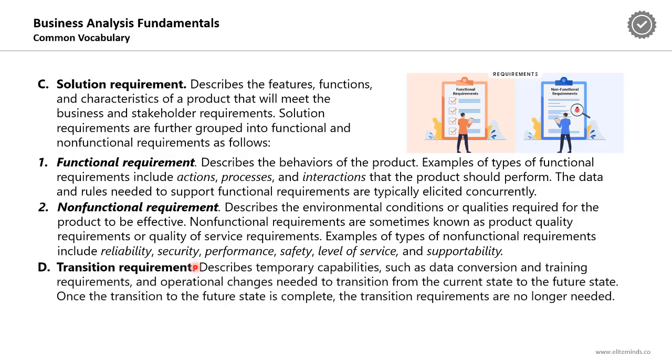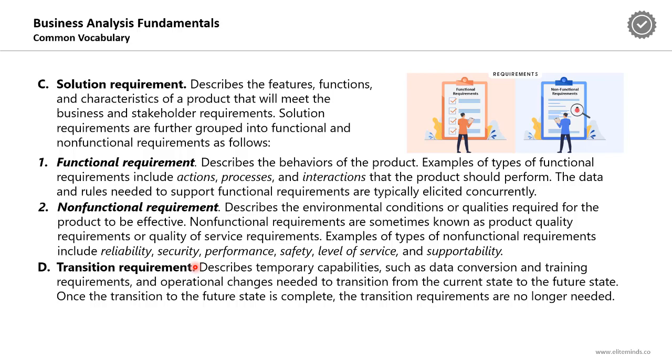The last type of the product requirements is the transition requirement, which describes temporary capabilities such as data conversion and training requirements. If we are moving from a current state to a future state, there will be a transition conducted between these two states. Any requirement that is related to this transition is known as a transition requirement. So they are temporary capabilities.